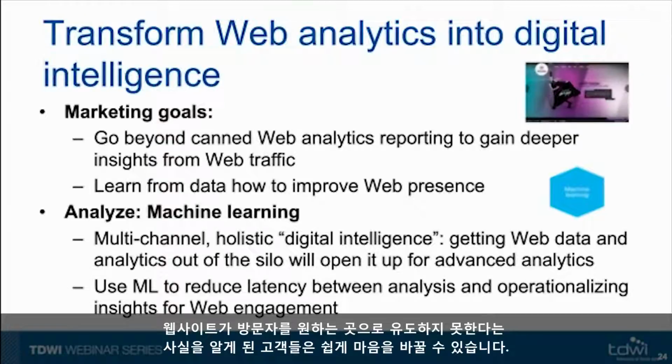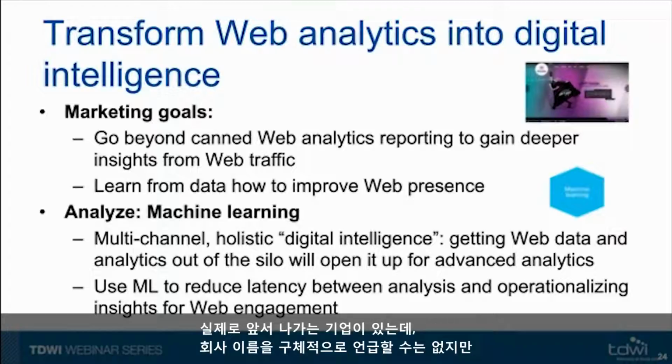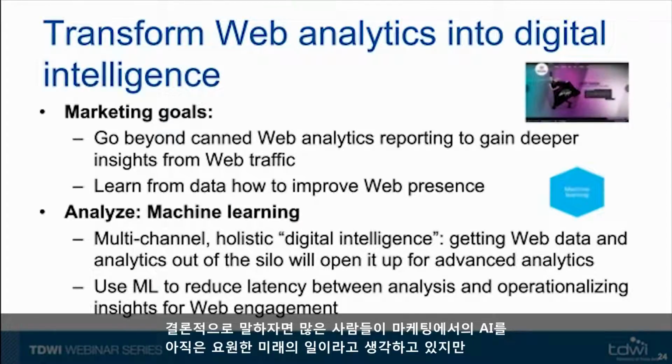If you're discovering that something on the website is not working, that you're not guiding people to where they want to go, a change can be made very quickly. And we can see out there that the leaders online do, in fact, make changes very quickly. I won't name the company names, but some of the well-known companies that are really leading out there are able to move very quickly, so those are good examples. So let's sum it up here.